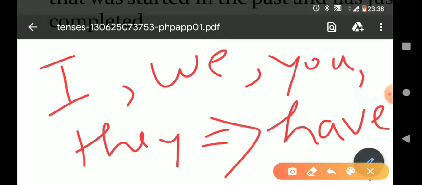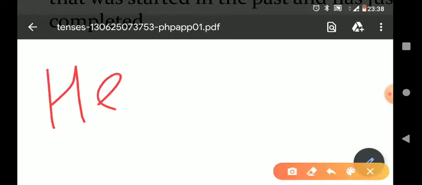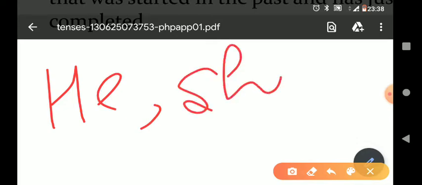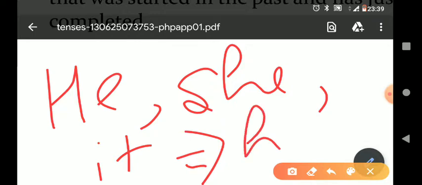If the subject is I, we, you or they, we should use have, like I have played cricket, we have eaten ice cream. And if the subject is he, she or it, then we should use has, like he has gone to his home.